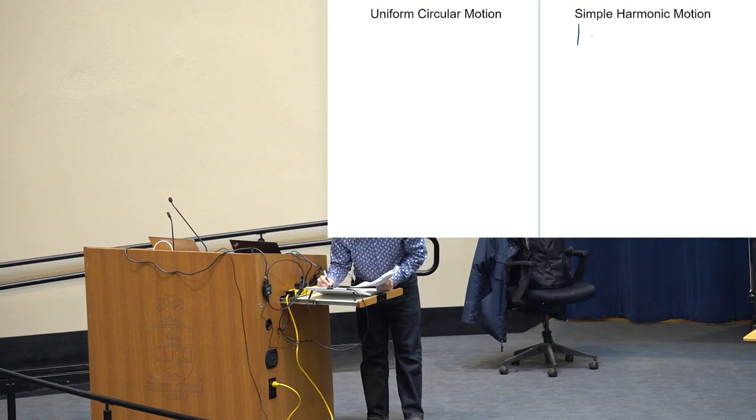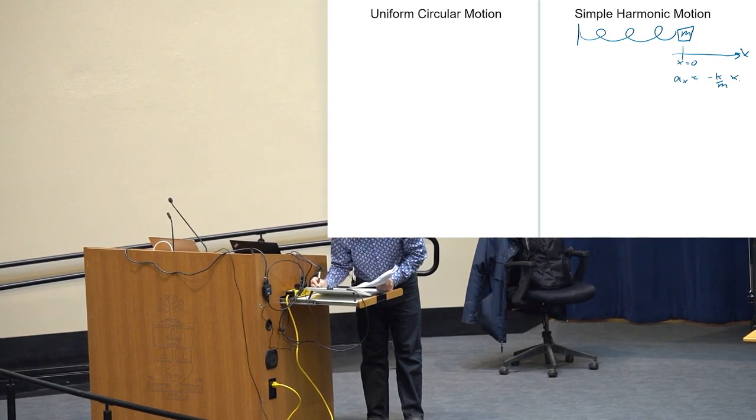I'll draw simple harmonic motion first, because that's what we're doing: you've got a mass and a spring. You define your origin x equals 0 to be at the equilibrium position, and there's x. We know that a sub x is equal to negative k over m times x. We also know that 2 pi over the period is equal to the square root of k over m.